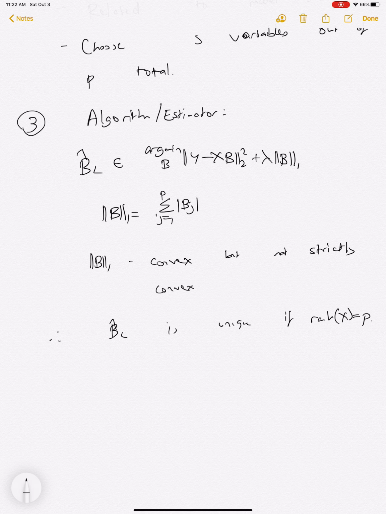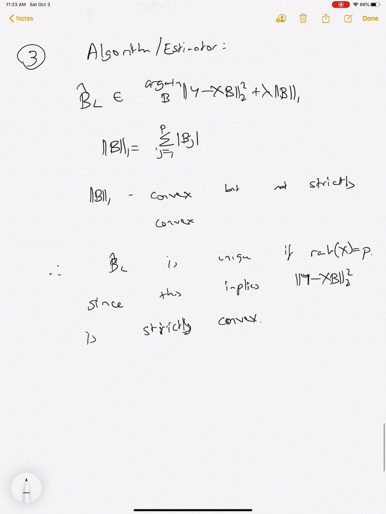So rank of X equals p, since this implies ||y minus Xb||squared is strictly convex. And that's when you have unique minimizers: when you have strict convexity usually, and a few other properties, but strict convexity is kind of the first key property that we need.